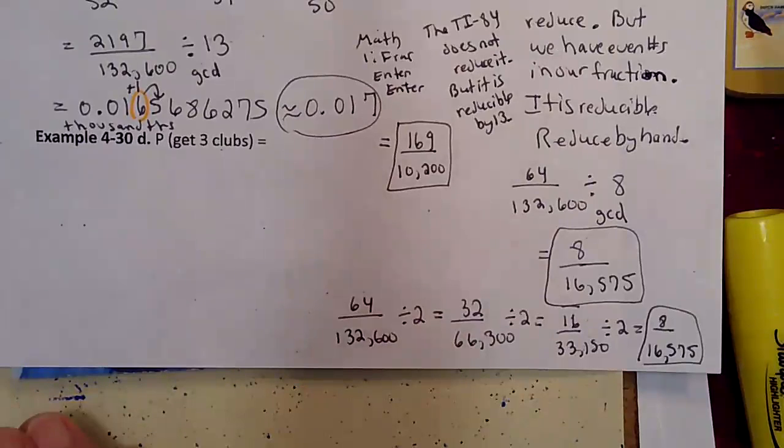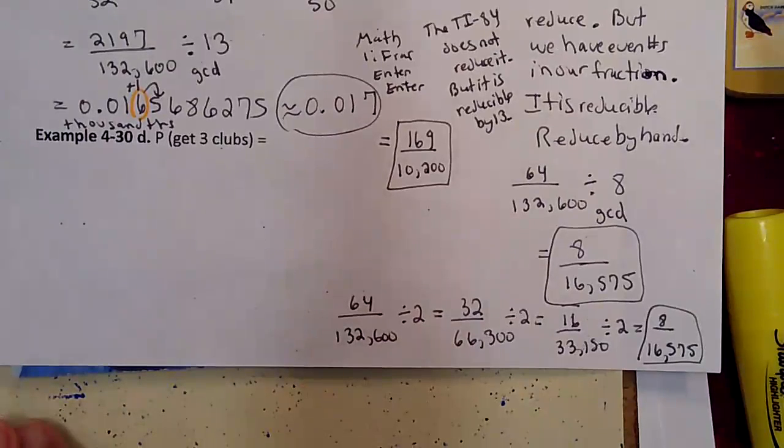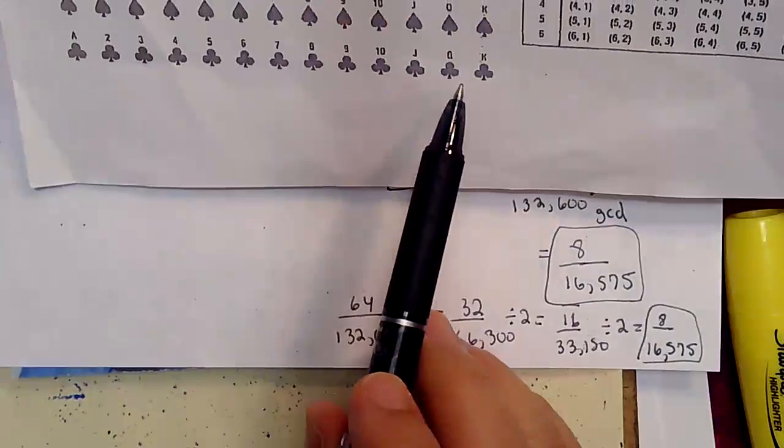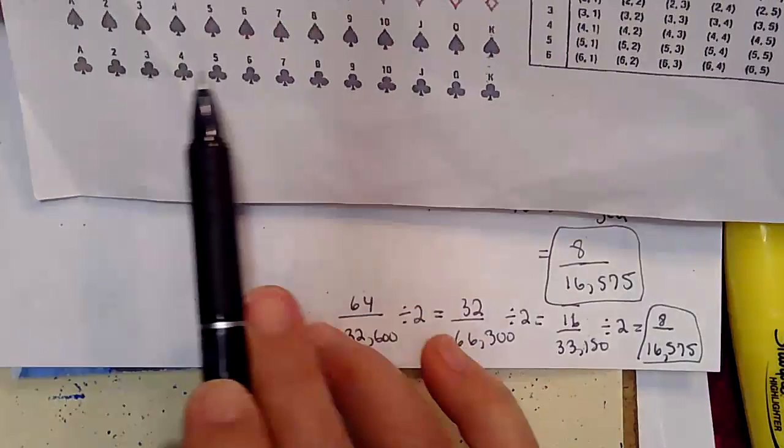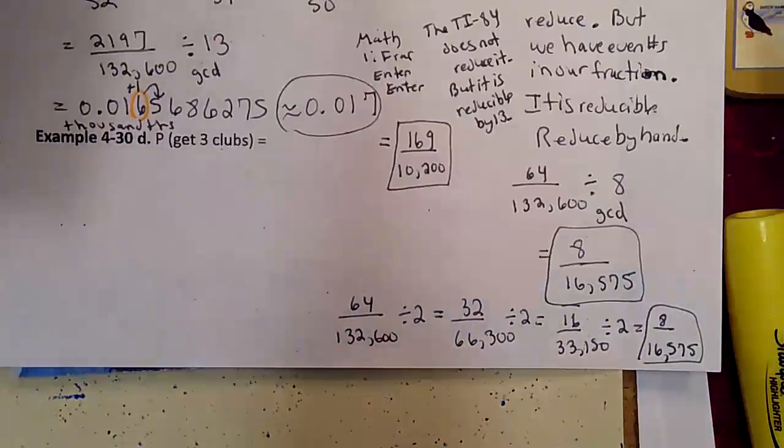Okay, and then this last problem on this page here, part D, you're getting three clubs. Again, these are your clubs right here, there's 13 of them. I'm not going to copy this down.